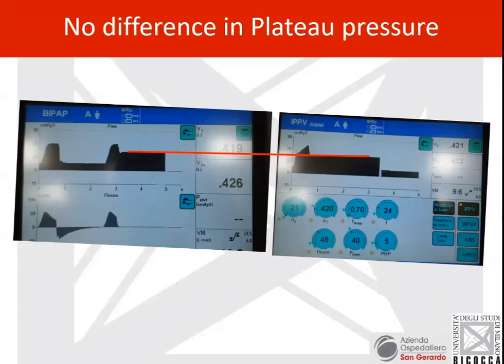The elastic recoil pressure, the plateau pressure, will only depend on the compliance of the respiratory system and the tidal volume. So for the same patient, for the same tidal volume, the plateau pressure will be exactly the same, no matter whether we are working in volume or pressure-controlled ventilation.